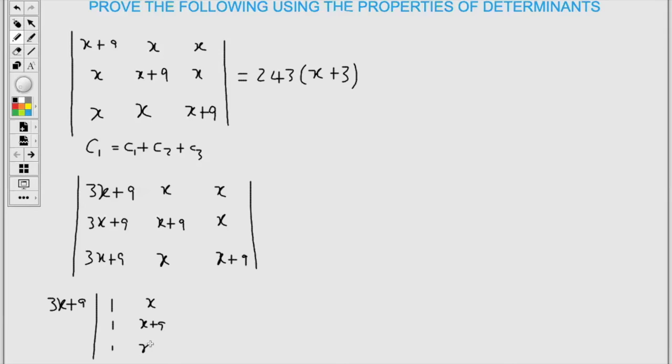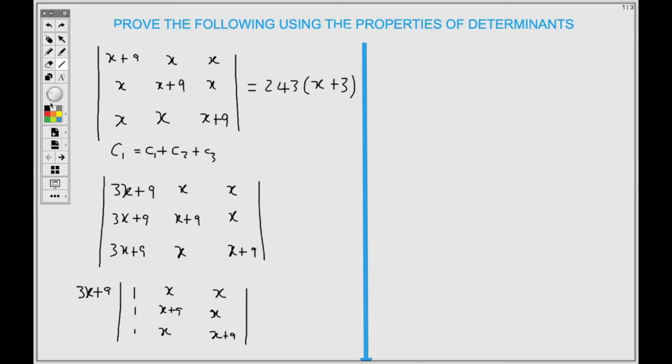Now, in this example, I am going to do row operations only, due to the fact that I cannot do what I did in the previous example, where adding column 2 plus column 3, I will not arrive at the same thing. So doing the row operation, I'll look at row 2 where I want the 1 in row 2 to be 0.